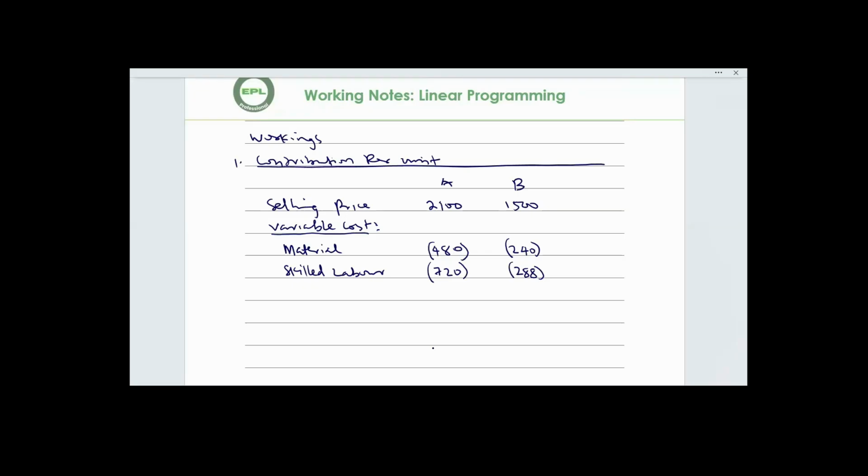Then we also have unskilled labor, which is 120 and 180.